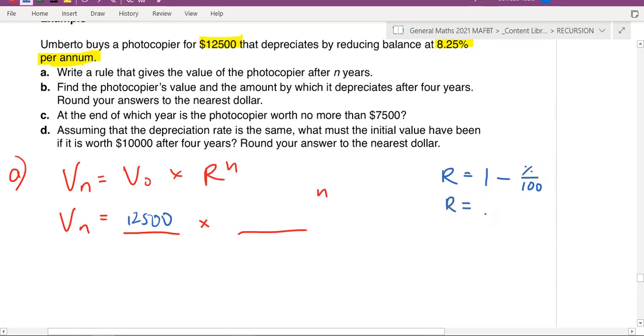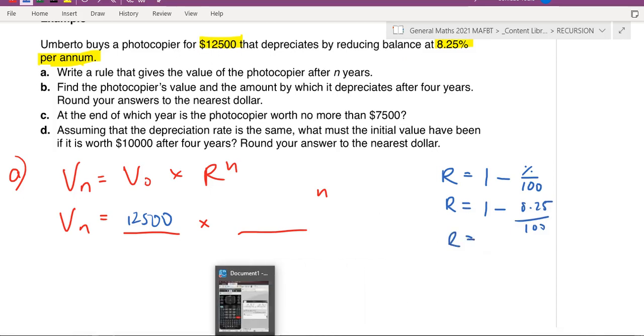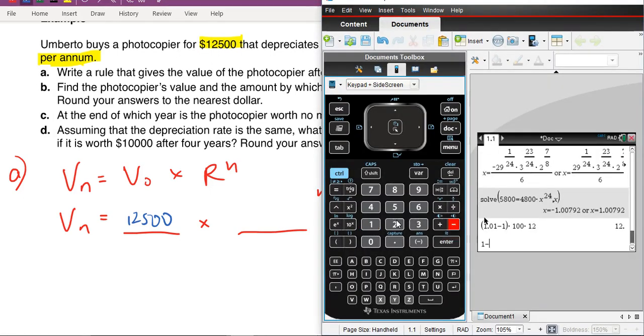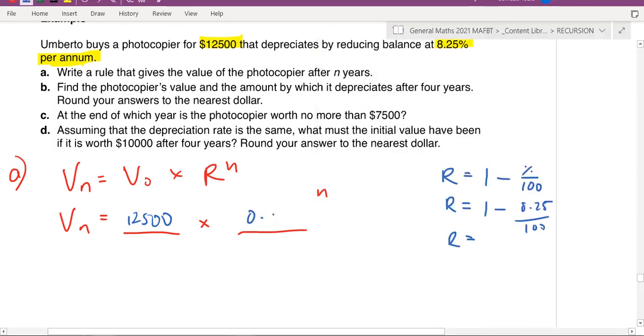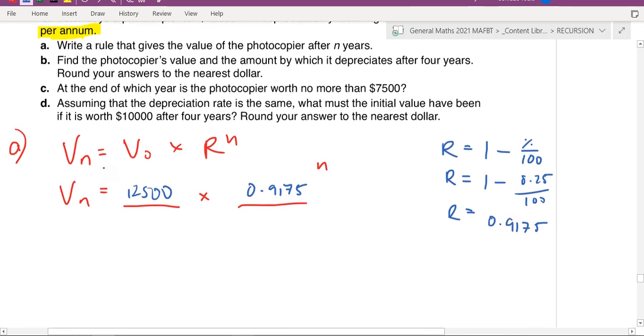So that would be 1 take away 8.25 divided by 100, so R is 0.9175. It doesn't say to round, so we'll just use all four digits. That's part A done.